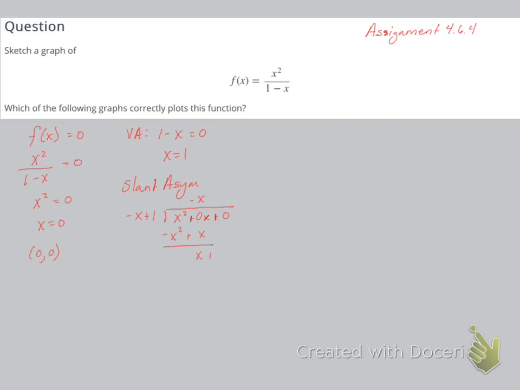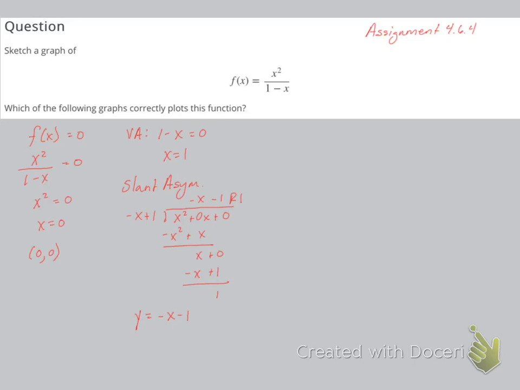We'll get x plus 0, and we get a minus 1, a negative x minus 1. Positive x minus 1. Now we switch our signs and we get a remainder of 1. But with a slant asymptote, you throw out your remainder, so we have a slant asymptote of y equal to negative x minus 1. So that's all the information before we get to calculus.